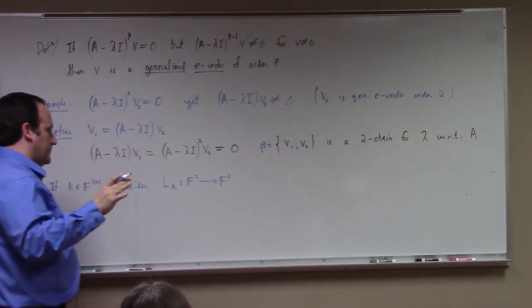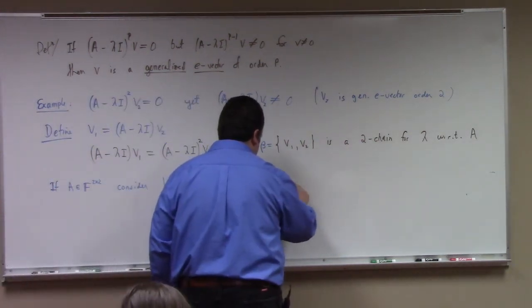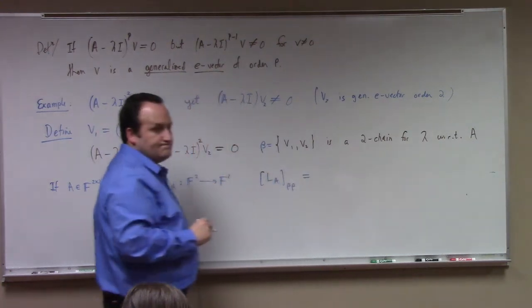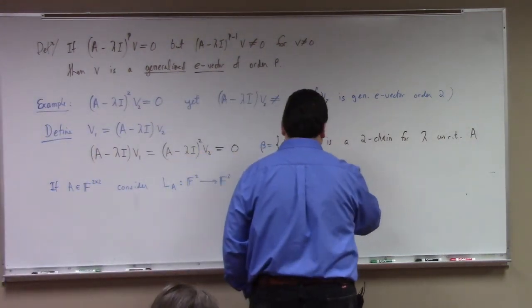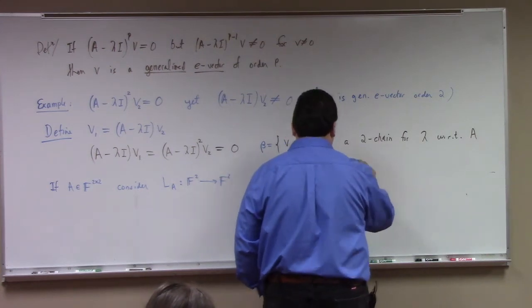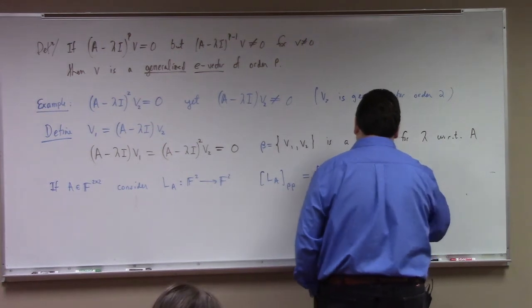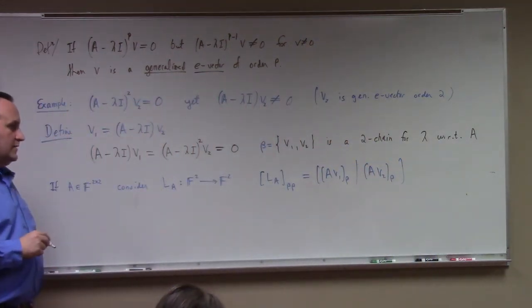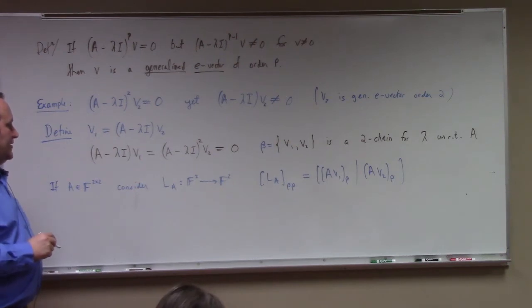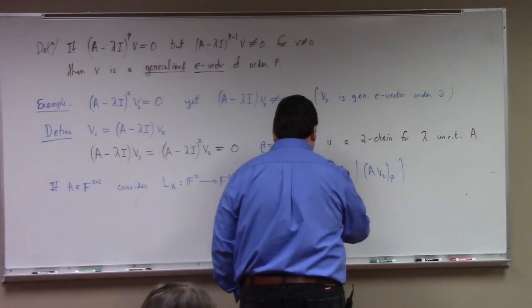So what's the matrix of L sub A with respect to this beta basis? How do we do that? We take A times v1, the beta coordinates of that, and then A times v2, the beta coordinates of that. Well, A v1 was equal to lambda v1, right? We just proved it's an eigenvector.